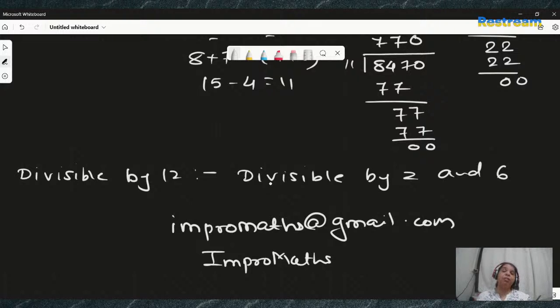Maybe in physics and chemistry to some extent, yes, but languages, no. History, no. Any subject that is subjective, which has a lot of writing in it, will not give you that. But maths, yes, definitely. You do everything mathematically correct, and it will ensure that you have 100 on 100 over there. So trust me, maths is really very interesting, and I'm on a mission to make it interesting for you people.